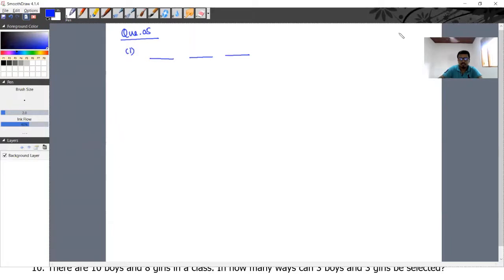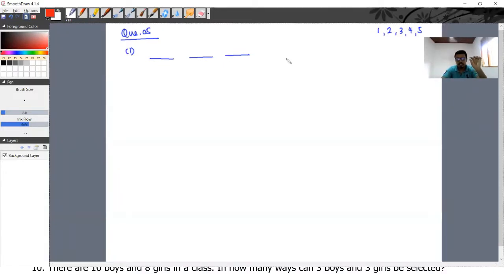By using which digits? We can use 1, 2, 3, 4 and 5 to form this 3-digit number. What is the condition?